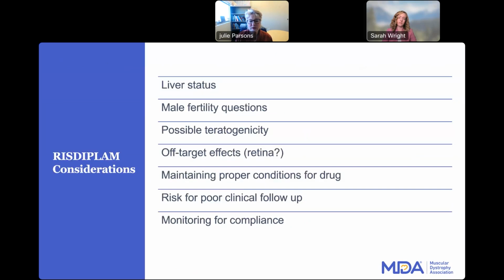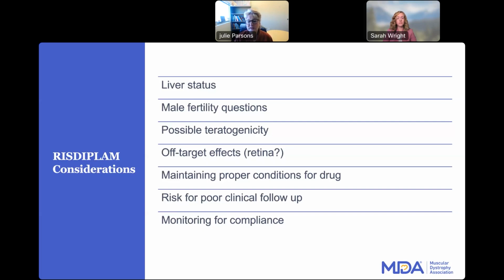Risdiplam, when we consider giving this, we have to look at liver status as it's metabolized through the liver. There are the male fertility questions that are being sorted out, as I mentioned. Possible teratogenicity has been seen in animal studies. There was concern about off-target effects involving particularly the retina with the initial compound that was tested for risdiplam, but this really has not panned out at all to be an area of concern.